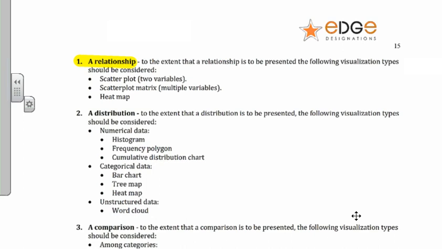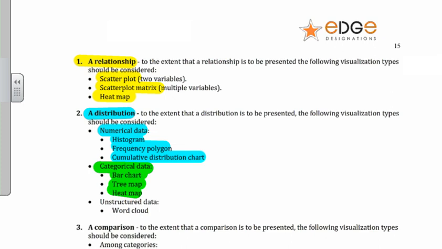If we're trying to depict a relationship between variables, use a scatter plot matrix or a heat map. If it's a numerical distribution, use a histogram, frequency polygon, or a cumulative distribution chart. For categorical data, remember, categorical data is more qualitative data, not so much quantitative, use a bar chart, tree map, or heat map.